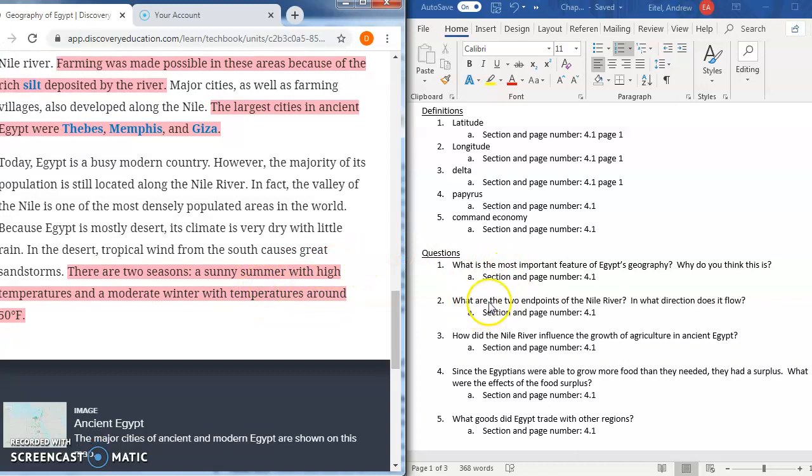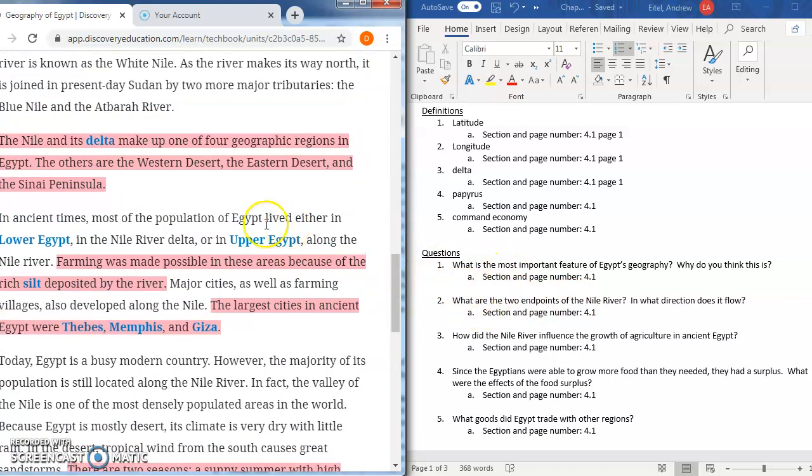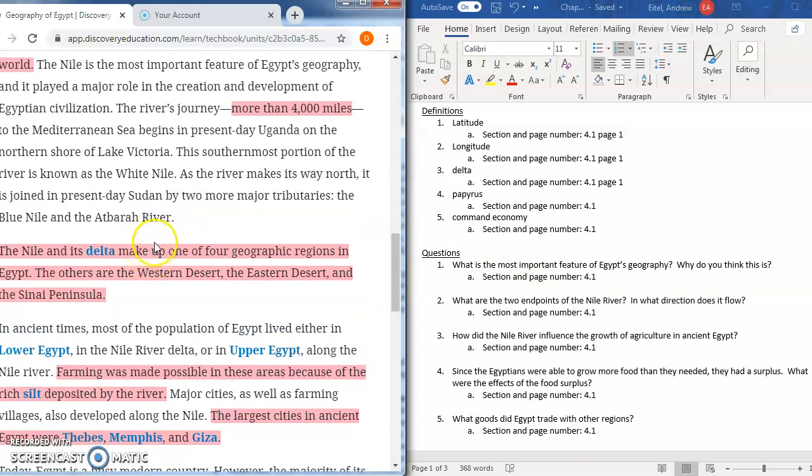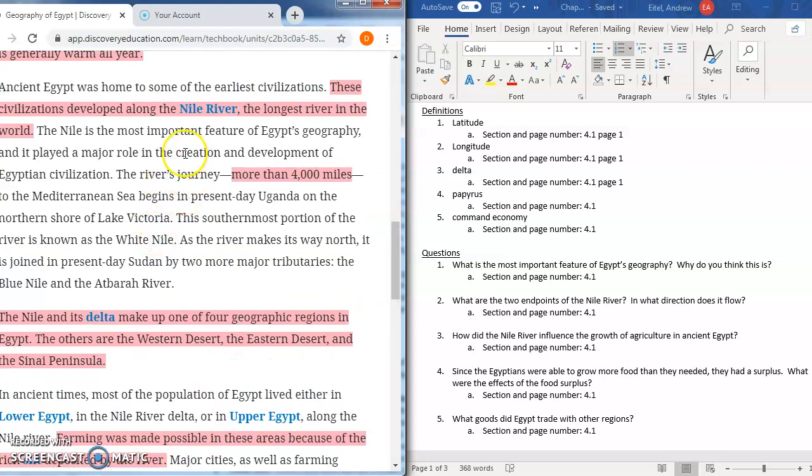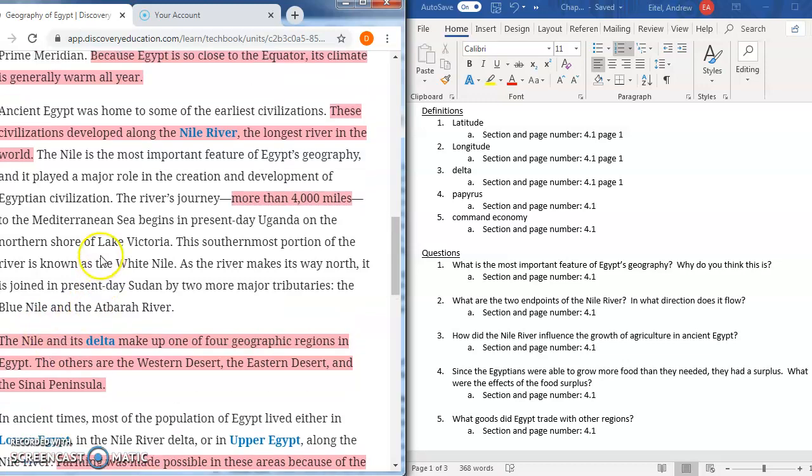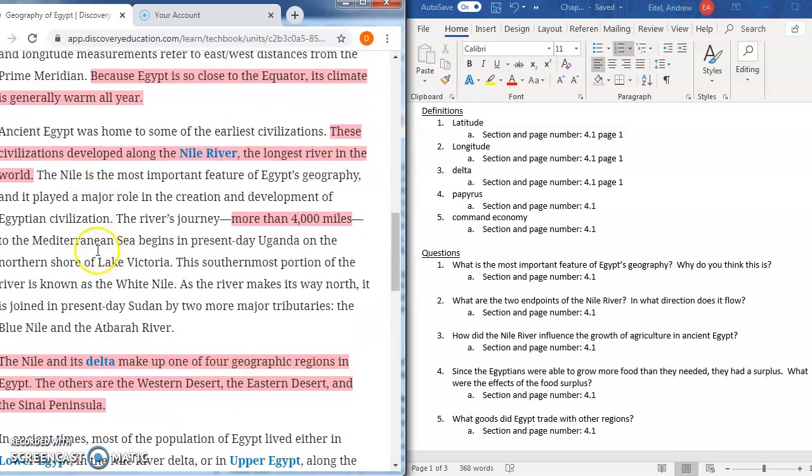Get anything else here? What are the two endpoints of the Nile River? Well, they kind of tell you the start of it. Over here, the river's journey ends in Uganda.